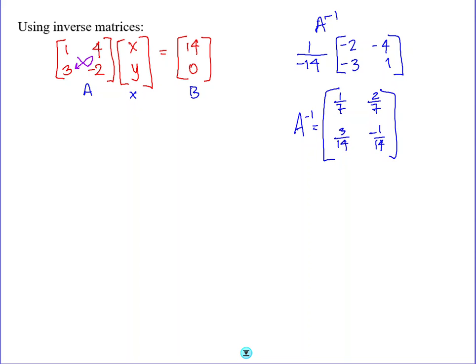Now I'm going to write this problem out a little bit longer than I would expect you to write. I am going to go ahead and left multiply by A inverse.